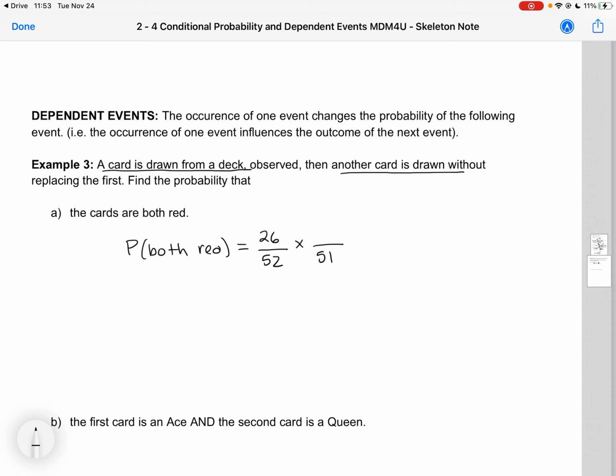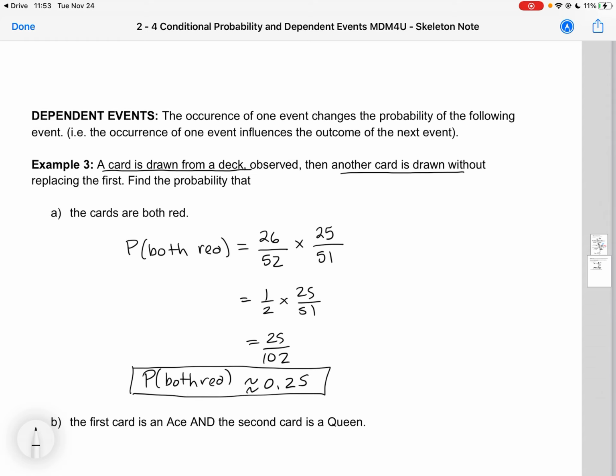And if you've already chosen a red, then you only have 25 possible red cards to choose from. Multiplying these out would give us 1/2 times 25 over 51, which would be 25 over 102, which is approximately a quarter. So about a 25% chance that they are both going to be red.